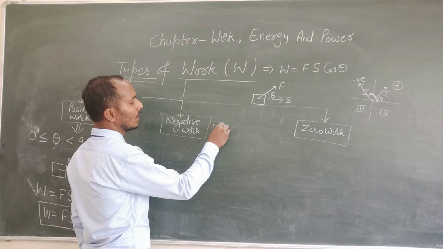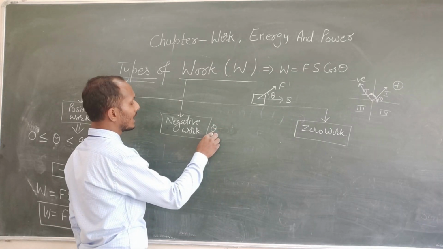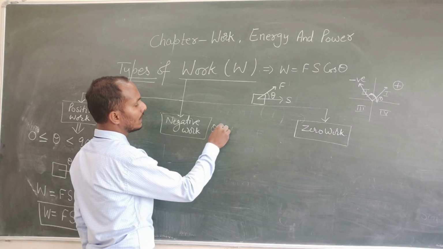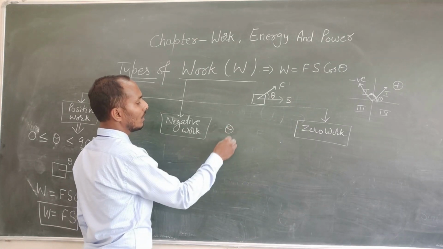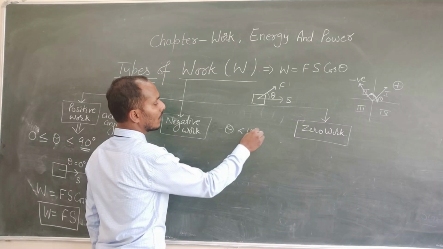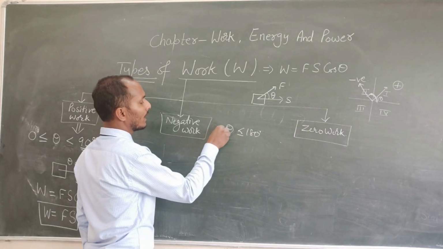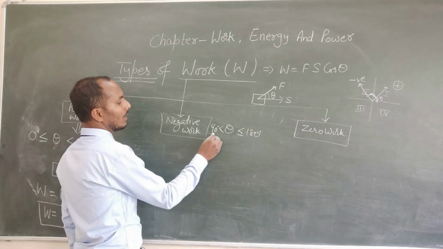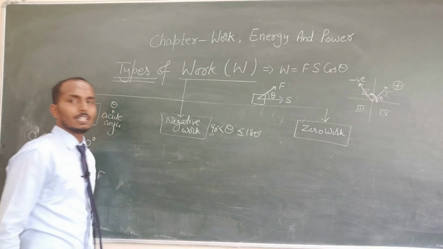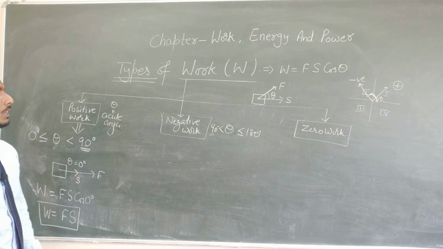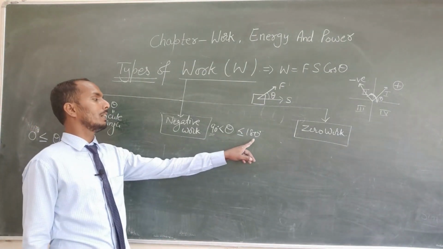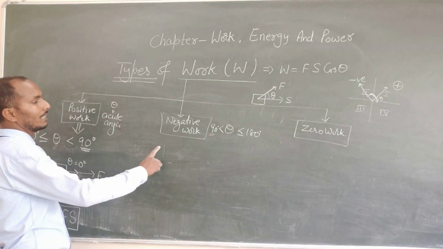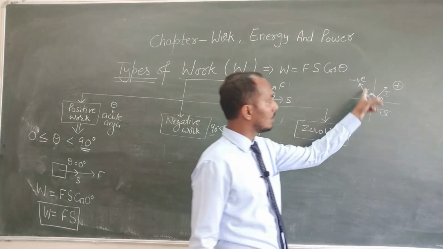Obtuse angles are those angles which are greater than 90 degree and less than or equal to 180 degree. Remember, here I am not taking the angle equal to 90 degree, but I am taking 180 degree as equal. It means the second quadrant.